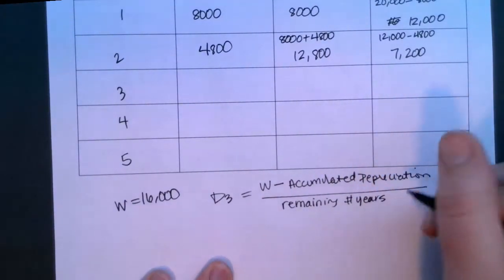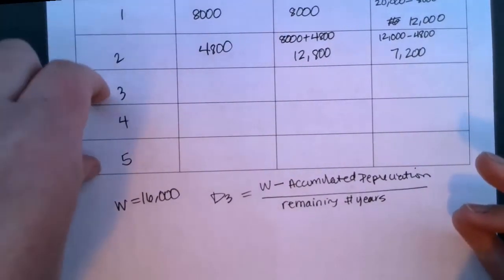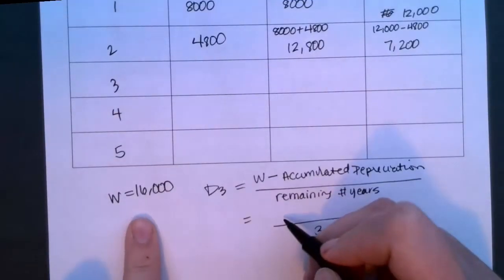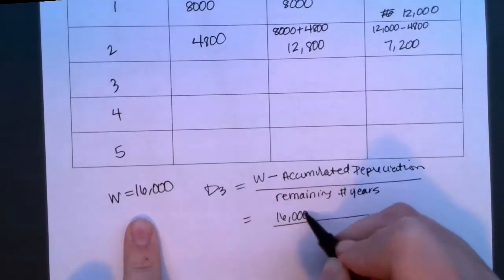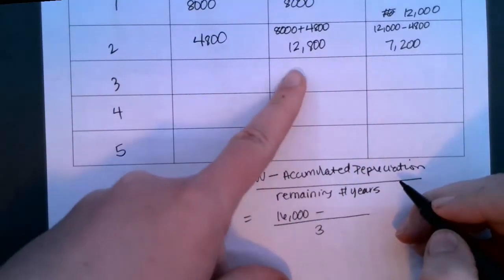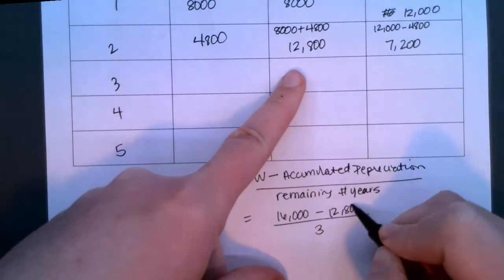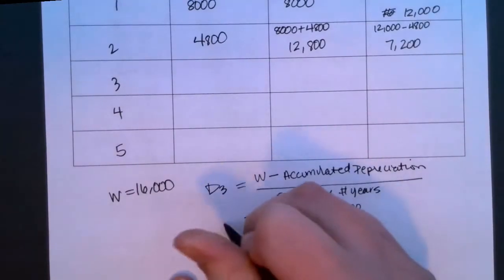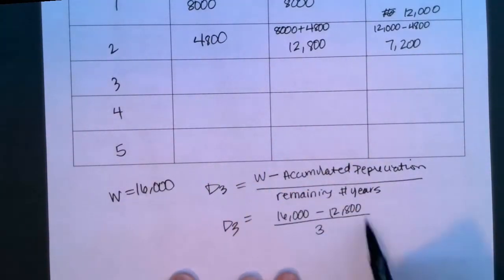So in our case, we've already used 2 of the 5, so our remaining years is going to be 3. Our wearing cost from above was 16,000, and then our accumulated depreciation is 12,800. Then to get our D3, we're going to plug in this fraction.